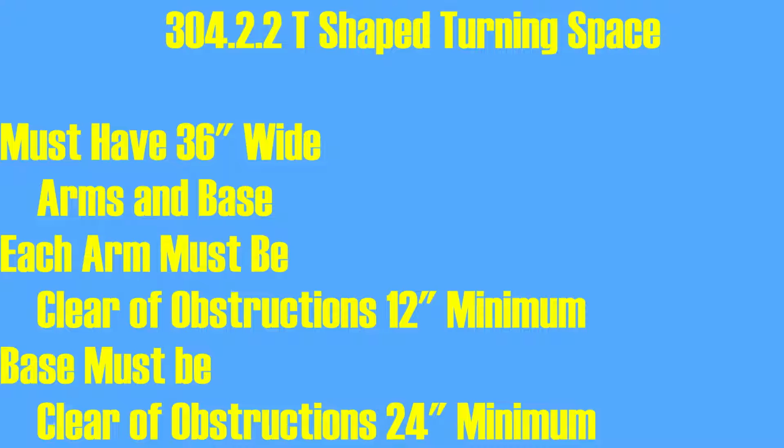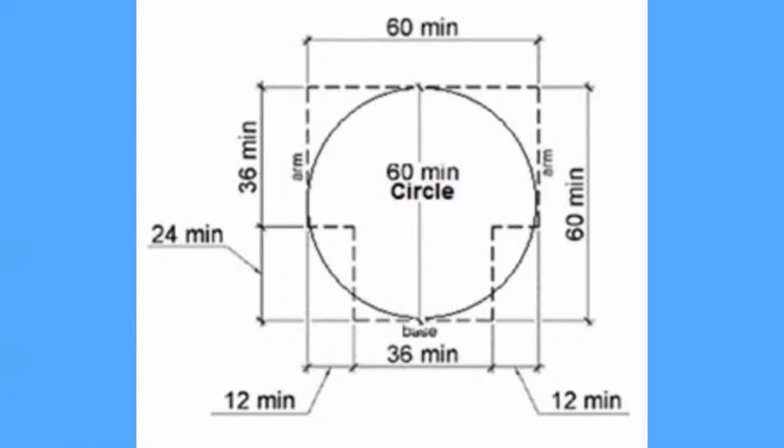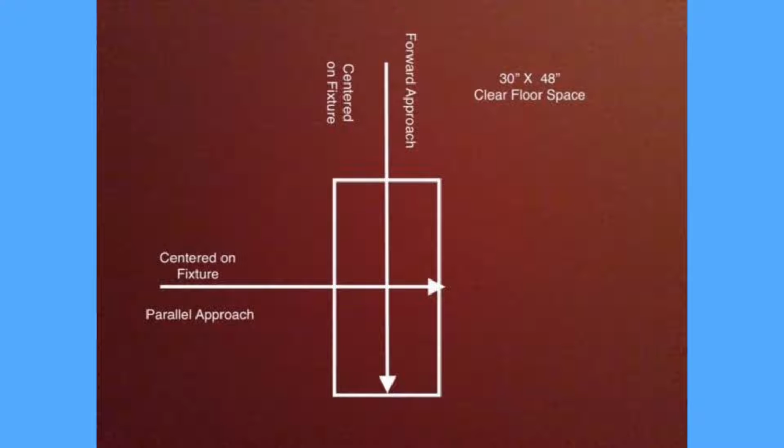Each arm must be clear of obstructions 12-inch minimum. Base must be clear of obstruction 24-inch minimum. Section 304.4, door swings. Doors may swing into the turning space.